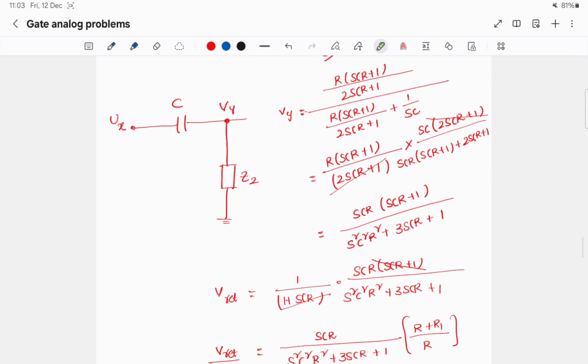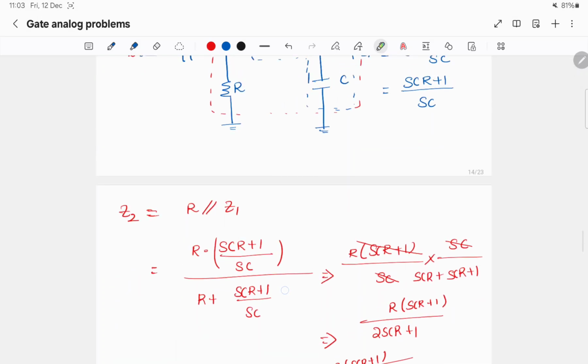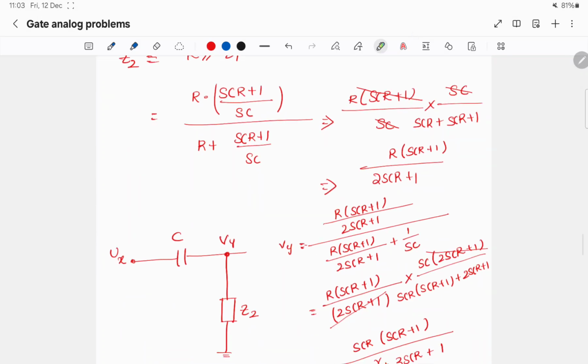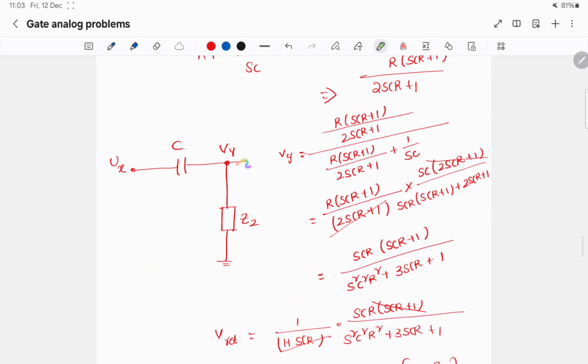After that I will replace this entire circuit with Z2 and find out the relation between Vx and this node voltage by simple voltage division. Here I am calling this node Vy and I will apply voltage division.